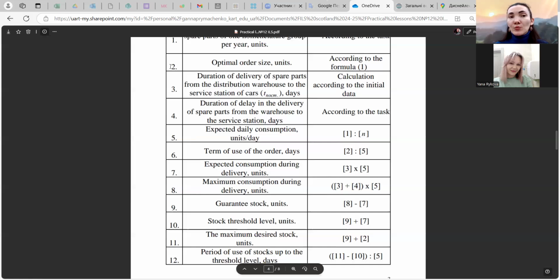Second point divided by point 5. Okay. Calculate it, and the result is also in days.